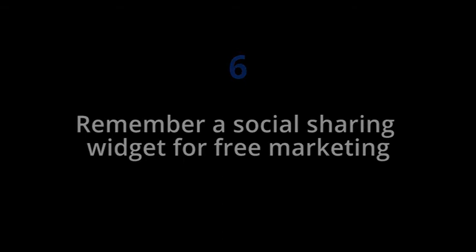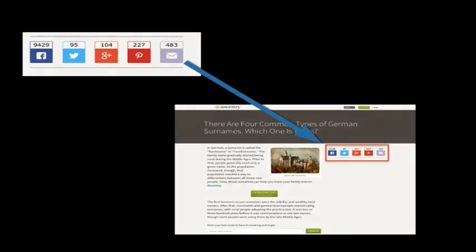And if we check out this article we've been using as an example on Ancestry.com, you can see that it has a social sharing widget. And that's actually on this page a sticky social sharing widget, so that even if you scroll down the page, the widget stays in the exact same space on the page so that you can always access it to share.